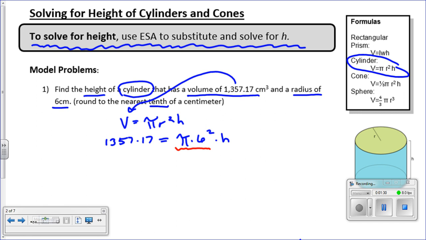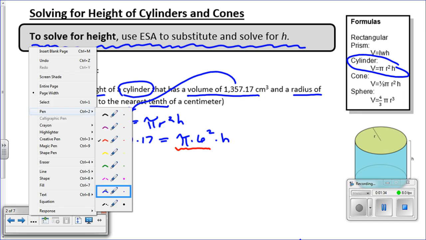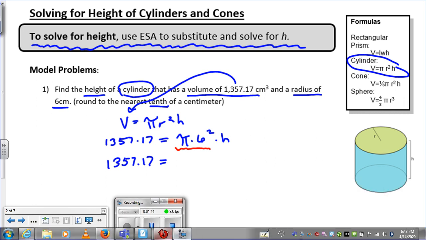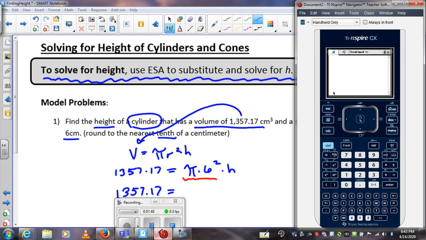If you're okay with that, I will need a calculator. If you don't have a calculator, make sure you grab one. So I have 1,357.17 is equal to, now let's get our calculations. So if you're ready, we're going to do pi times 6 squared, which I know is 36.